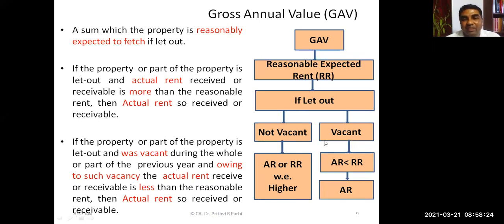But in case the property is vacant, this is the treatment. If property is vacant and because of which actual rent is less than reasonable rent, then actual rent. But if the property is not vacant, then actual rent or reasonable rent whichever is higher. This concept we have discussed in the earlier class.